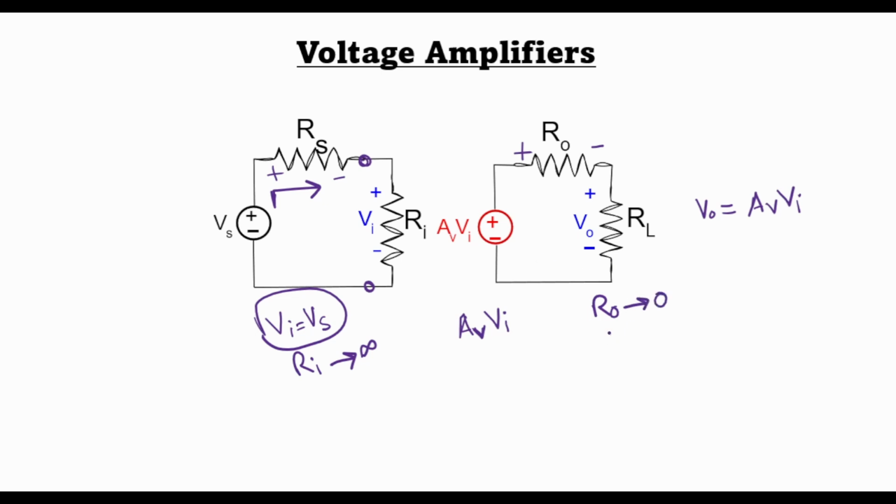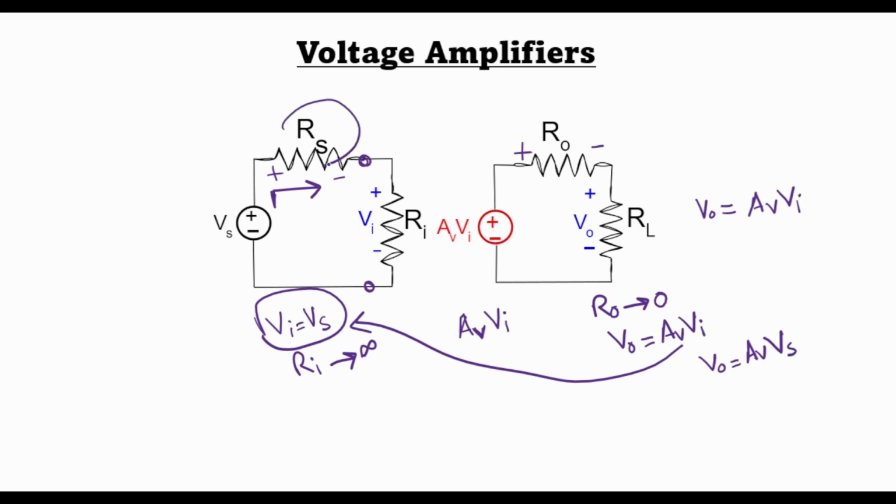In this case, the output voltage will equal AV times VI, and VI we can see from here is equal to Vs. Therefore, V0 is equal to AV times Vs. Thus, regardless of what we connect as the source resistance and the load resistance, in an ideal voltage amplifier, V0 is equal to the gain times the source voltage.